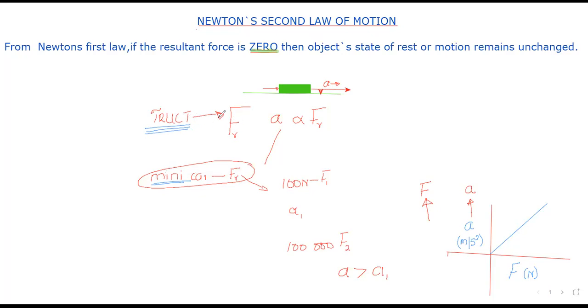If I apply this force on this, that will produce a particular acceleration. But if I take that big force and apply the big force on the mini car, it will accelerate faster than that.